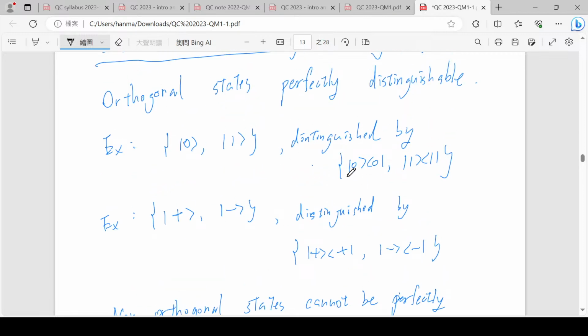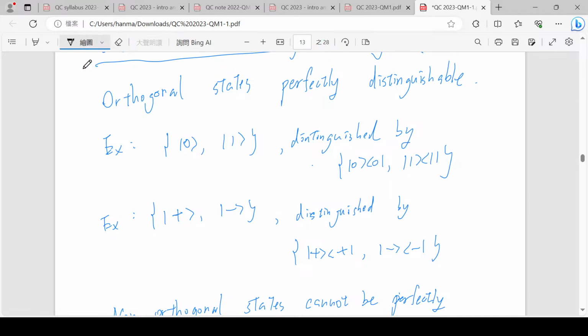When we do this measurement on those two states, each state could have two possible measurement outcomes, but they are perfectly distinguished. So the 0 state can only get the 0 outcome, and the 1 state can only get the 1 outcome. Okay, that's perfectly distinguished. And oh, this is a little ugly, so let's change the color.